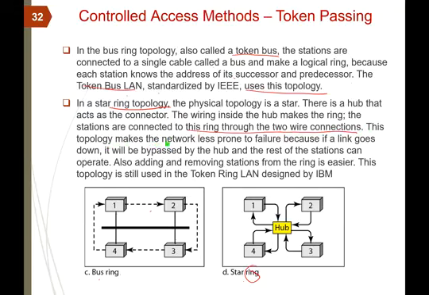This topology makes the network less prone to failure because if one link goes down, it will be bypassed by the hub and the rest of the stations can operate. Also, adding and removing stations from the ring is easier. This topology is still used in token ring LANs designed by IBM.